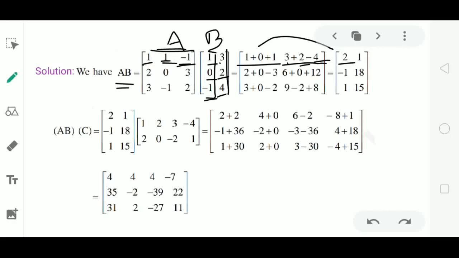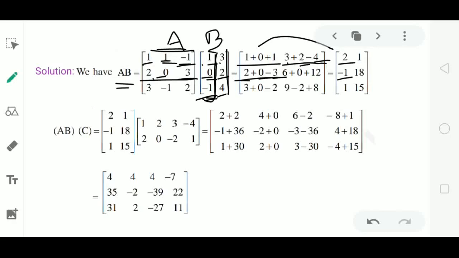Now, once all the columns of matrix B are multiplied with the first row, we go for the second row of matrix A. Again, we multiply the second row by the first column of B, element wise. That is, 2 into 1 is 2, 0 into 0 is 0, 3 into minus 1 is minus 3. 2 plus 0 minus 3 is minus 1.